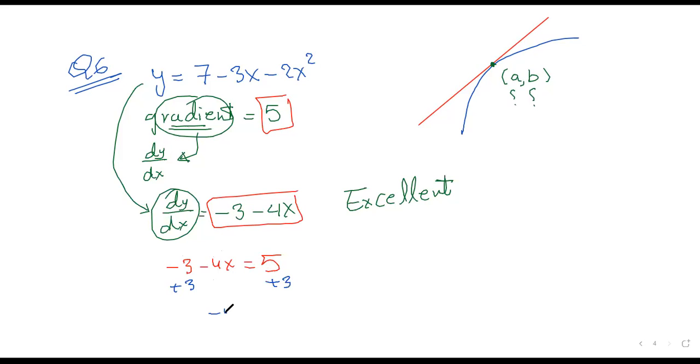Negative 4x equals 8, which implies that x equals 8 over negative 4, which implies that the x coordinate is equal to negative 2.